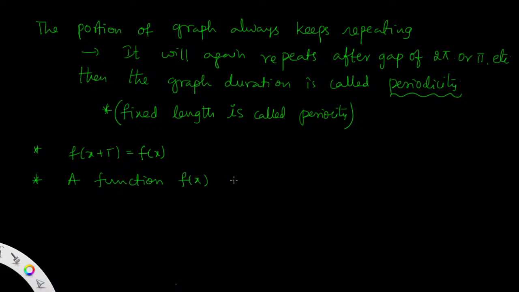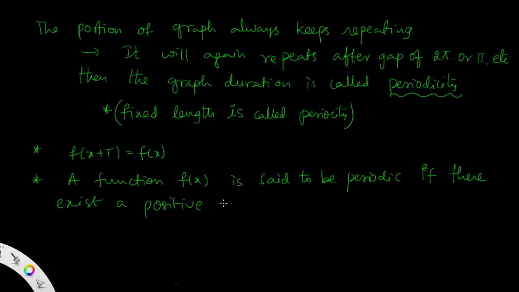The wording about the graph is just for our convenience, but in mathematical language, the definition is: a function f of x is said to be periodic if there exists a positive real number t such that f of x plus t equals f of x for all x in the domain of f.